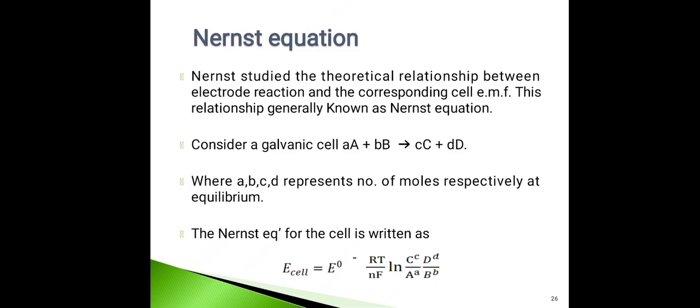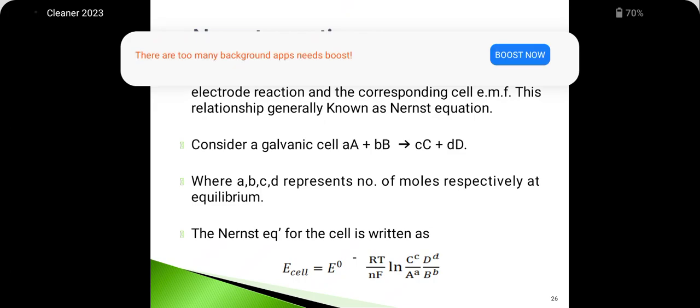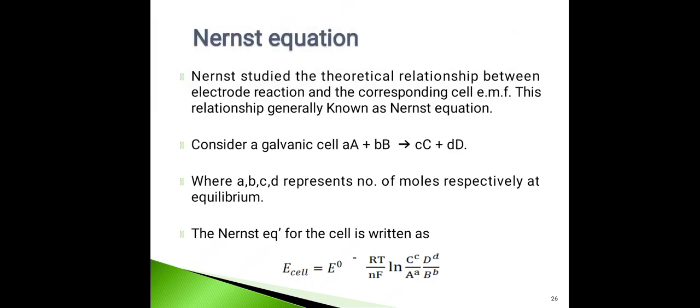If we substitute the constant values, like the gas constant R, the temperature 298 Kelvin, and the Faraday constant 96,500 coulombs, into the above equation.